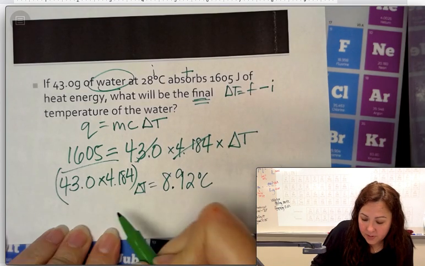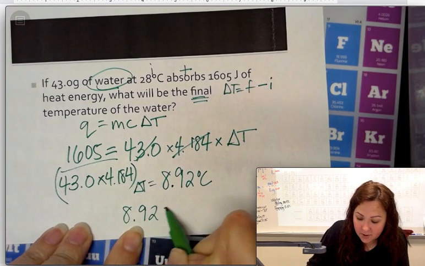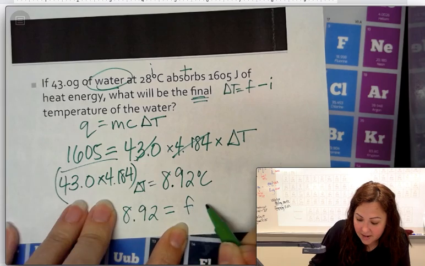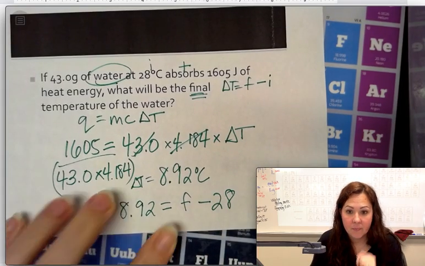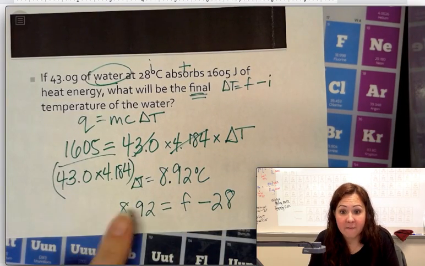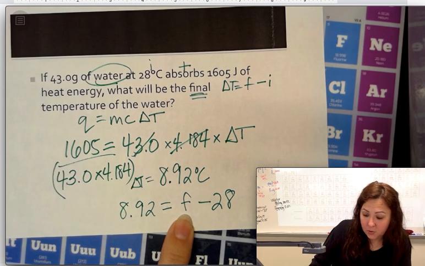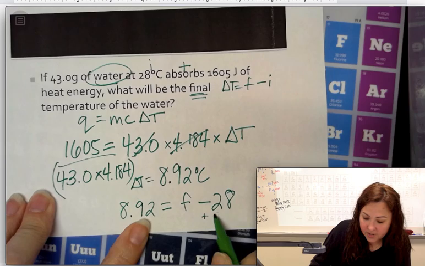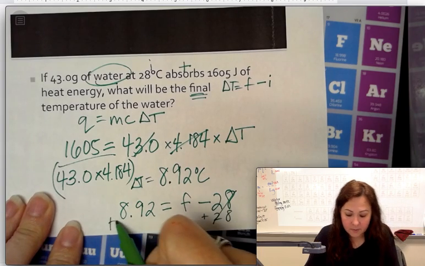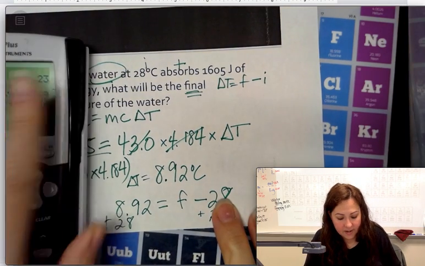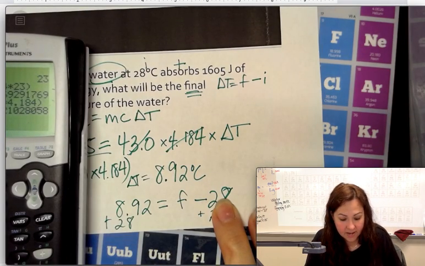So I have 8.92 is equal to my final minus my initial temperature. So now all I have to do is solve for F. I need to get F all by itself. So I'm going to do the opposite of the sign. I'm going to add 28 here. I'm going to add 28 here. So 8.92 plus 28.